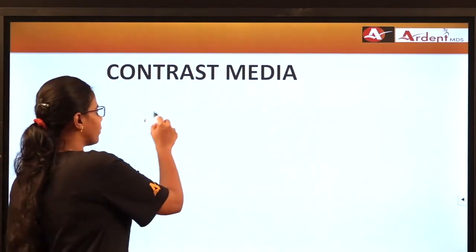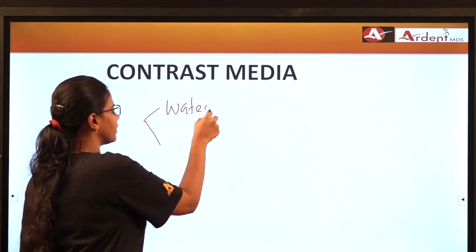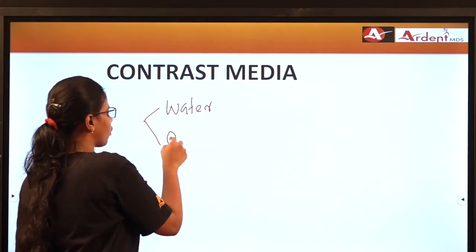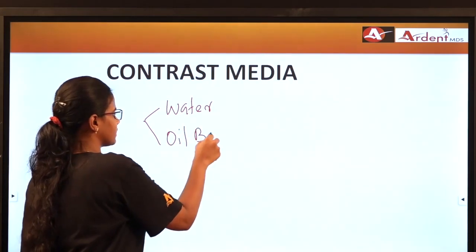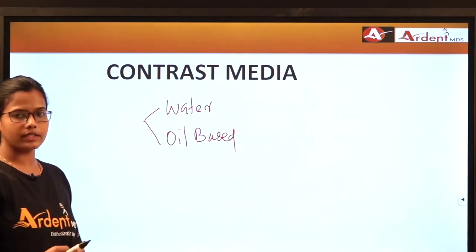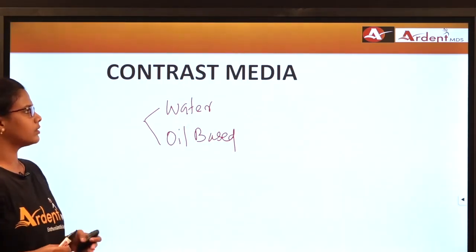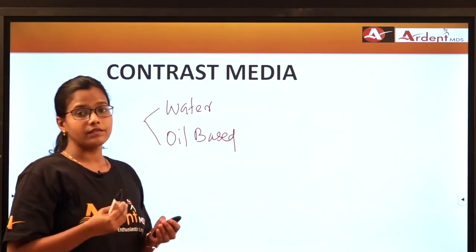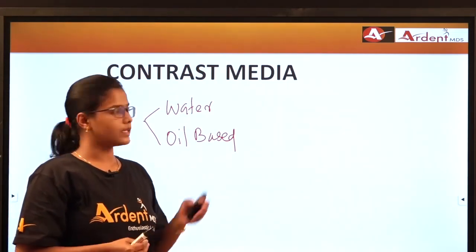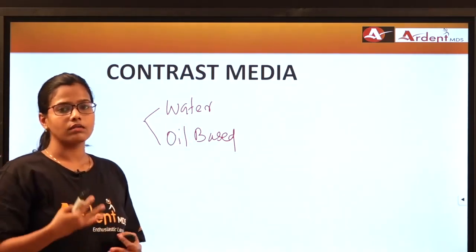We have 2 types of contrast media: water soluble contrast media and oil based contrast media. So what are the differences of these two, or the advantages and disadvantages of these two? The viscosity will be very less in water based contrast media, while the oil based will have more viscosity.